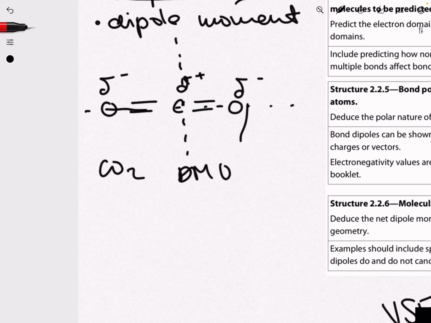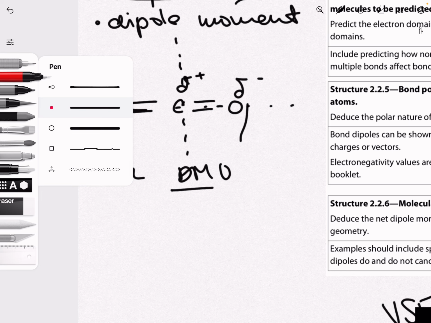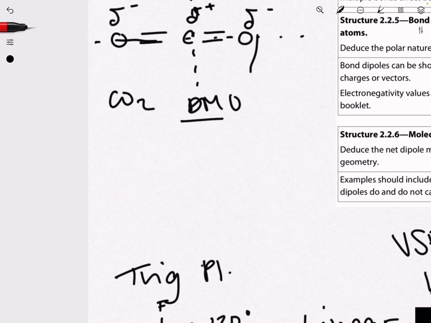A polar bond will be present if the overall dipole moment is above 0, which means that there is a lack of charge symmetry. And this would look like, for example, water, which, as we saw earlier, looks a little bit like this.